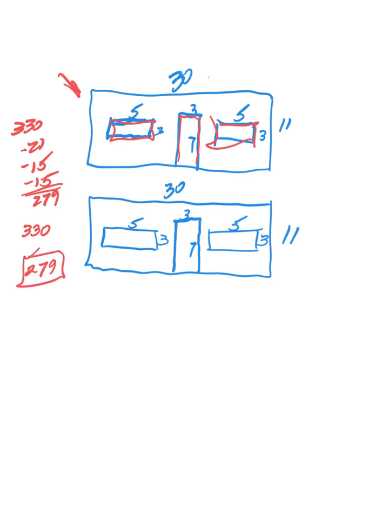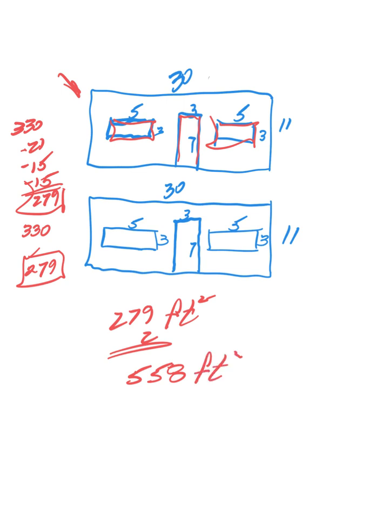So we have 2 walls that are going to use 279 square feet of paint each. So if I take that and multiply it by 2, because I have 2 walls, I'm going to need 558 square feet of paint. But what does it also say?